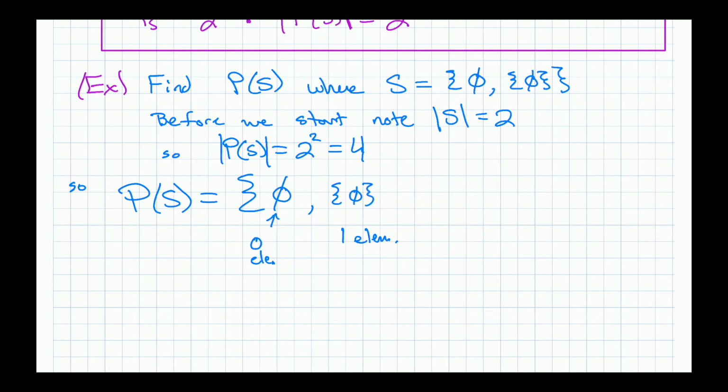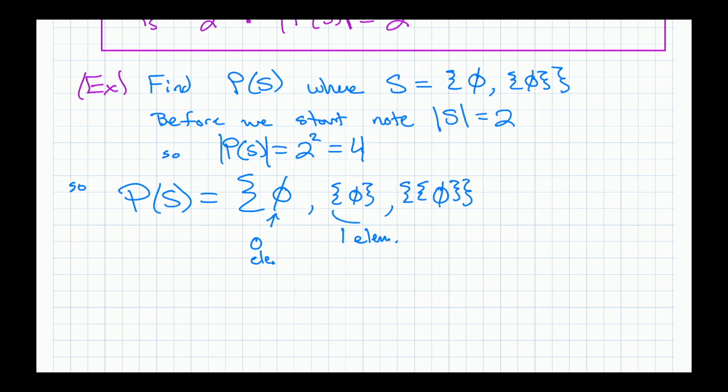So that's one of your one element subsets. Now, after you have that, you need to put curly braces around this element. So the next one element subset actually has two curly braces in there.